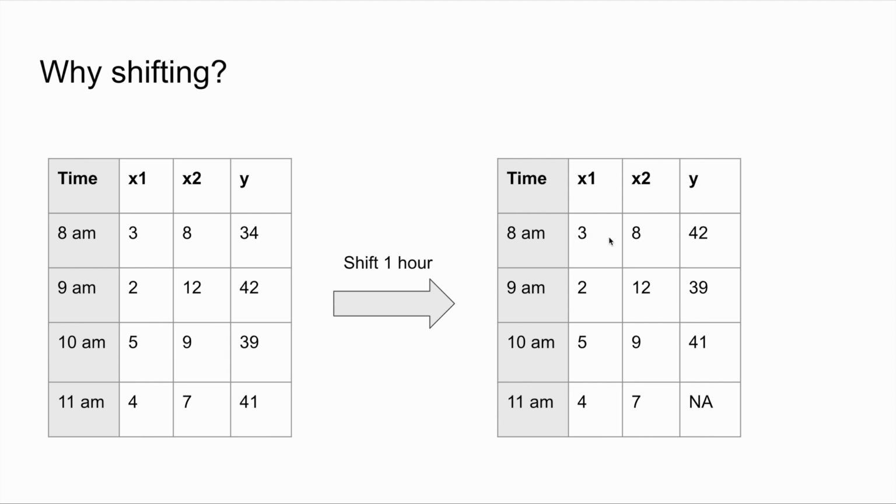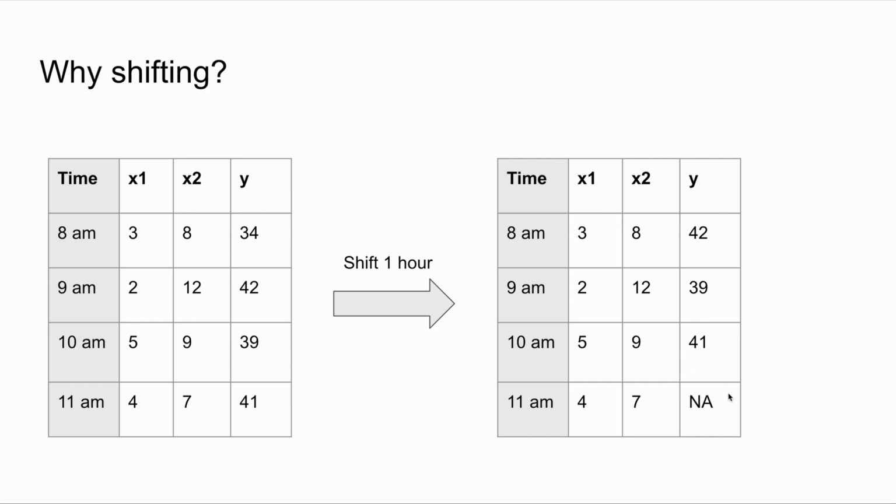So right now, each row is saying 2 and 12, for example, are leading to 39, and 3 and 8 is leading to 42. If we can model this with any input numbers, we can predict the outcome, which in this case, since we know it's a shift of 1 hour, means we're going to predict 1 hour ahead of time. We can do a similar thing in our current problem.